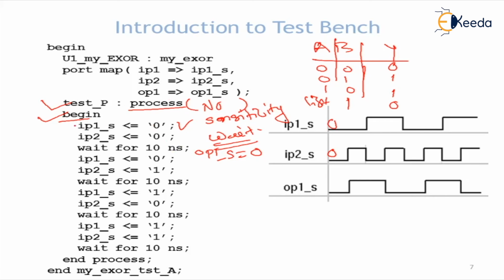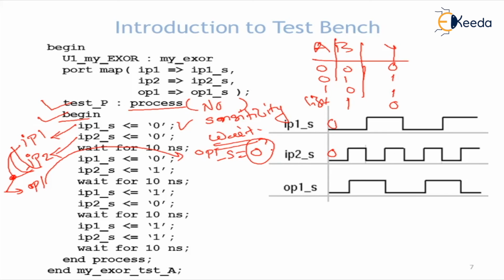These input values are assigned to the input 1 of the XOR gate, then input 2 is assigned to the input 2 of the XOR gate. This is going to the input of our XOR gate. Then this output is connected to output 1, and in the test bench we can visualize immediately here, the output came 0.